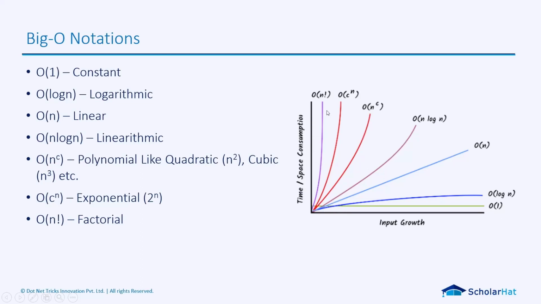Exponential, O of c to the power n, is also exponentially increasing. This is the exponential graph. Actually factorial is steeper, you can see. We'll understand each thing one by one, and after I let you understand here, I'll take you to the whiteboard and take examples so you'll understand better.